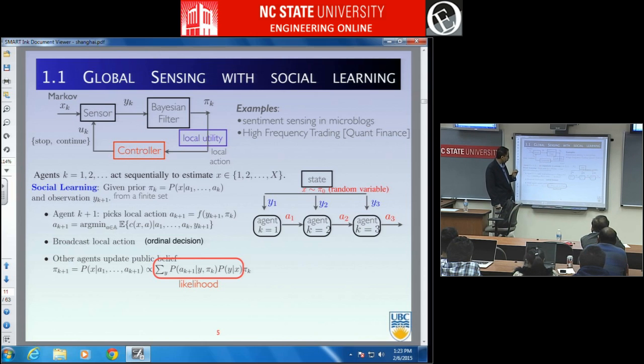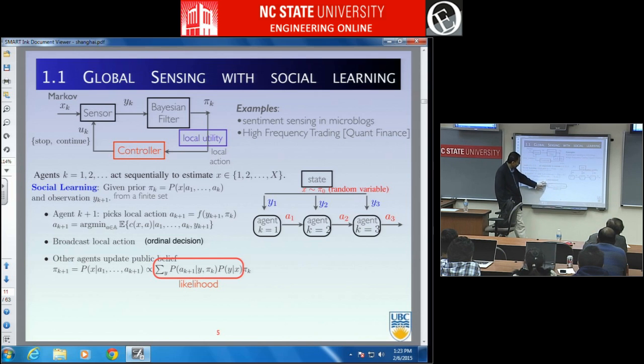Now the main difference is, of course, that you are not directly sending your observation to the next guy. You're using your observation to take an action, and you're sending the action to the next guy. Okay? What that means in Bayes' rule here is that your posterior is the probability of picking an action given your observation and your prior times the likelihood times the prior.